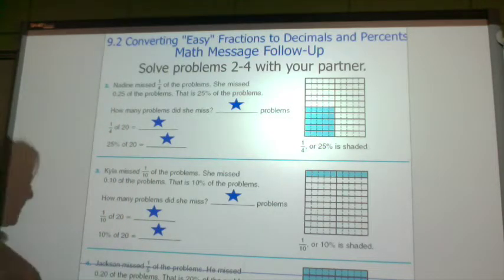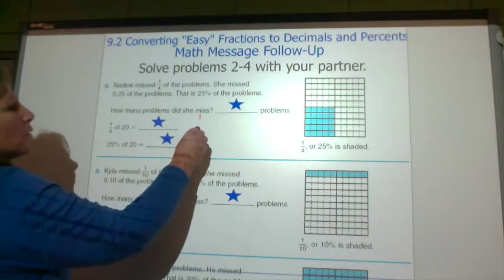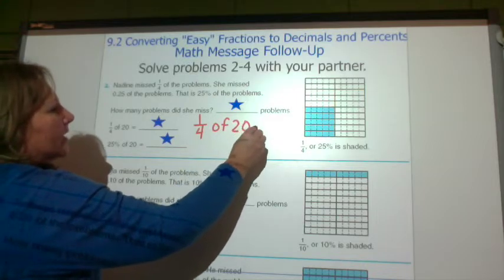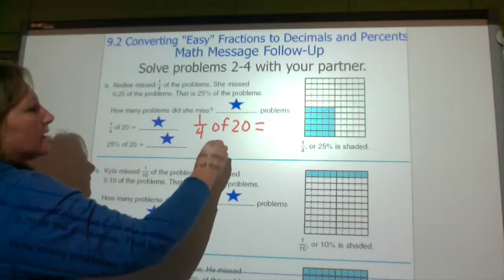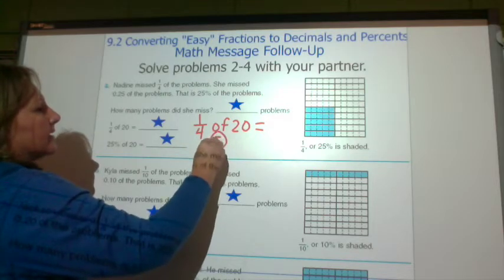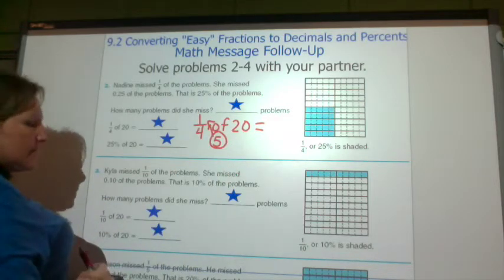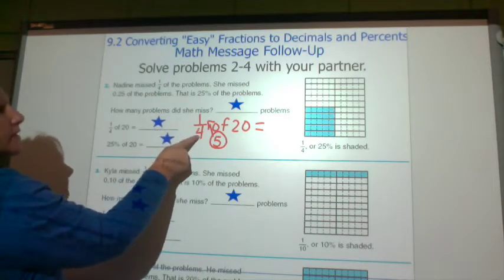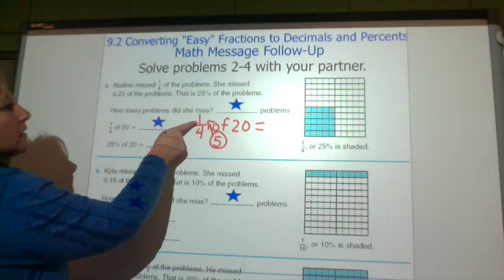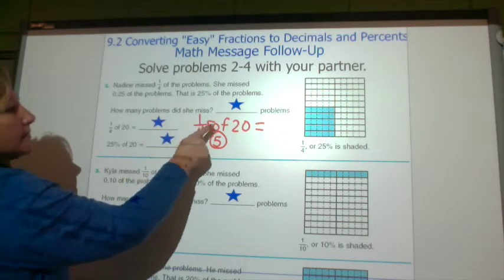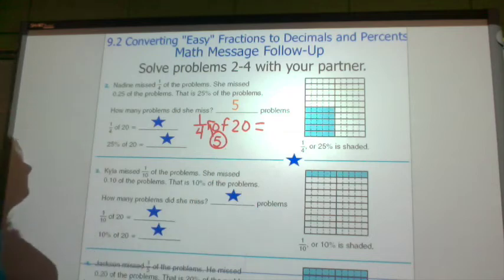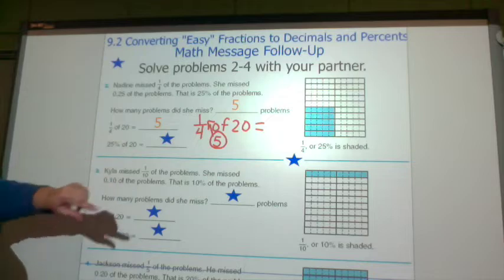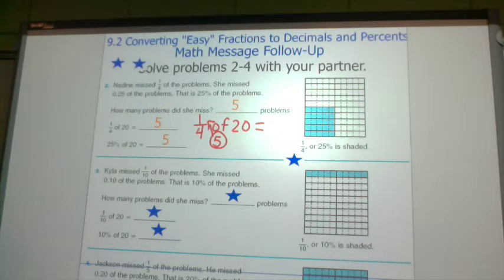I know that 1/4 of 20, I divide first. 20 divided by 4 is 5. Circle it, because you know you have to multiply that times 1 on the top. So we divided those problems into 4 parts. She got one of those parts wrong, so she missed 5 problems. 1/4 of 20 is 5 problems. 25% of 20 is 5 problems.